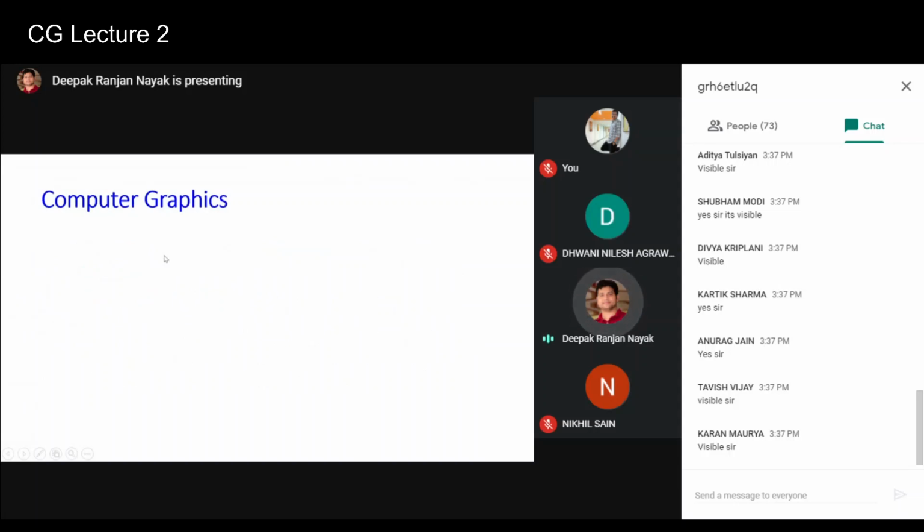Let me once again define the term computer graphics in detail. This term is composed of three different terms.